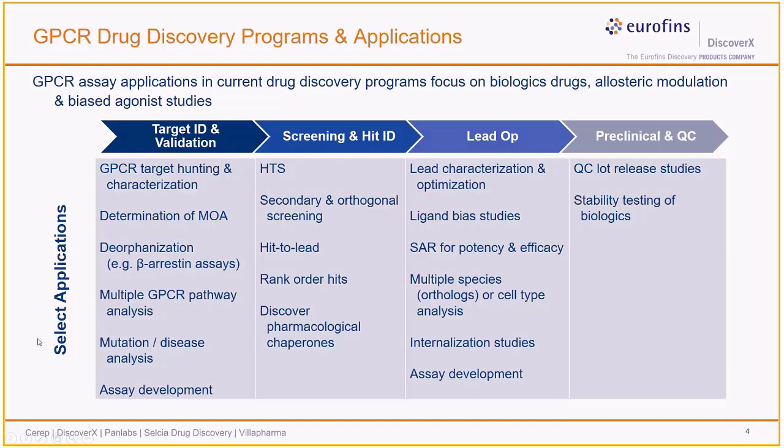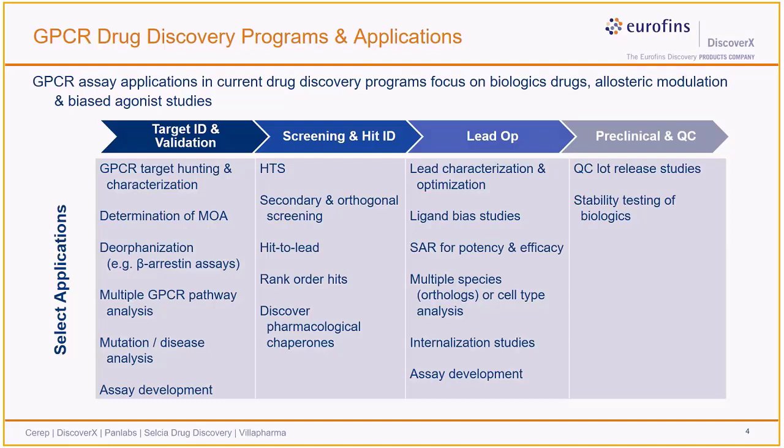If you look at the select applications for each area, you have target identification and validation, which focuses on things like characterizing GPCRs, maybe looking at different isoforms or isotypes, determining the mechanism of action of the therapeutic, and de-orphanizing receptors. These are receptors that do not have known ligands associated with them.